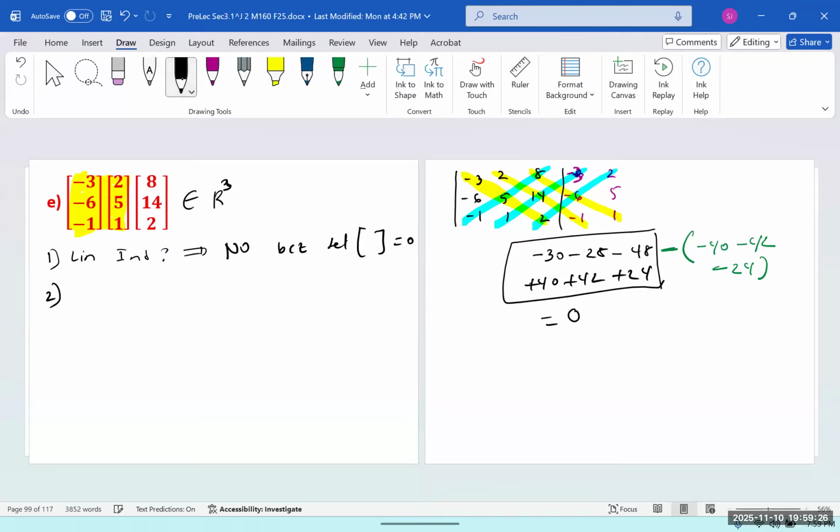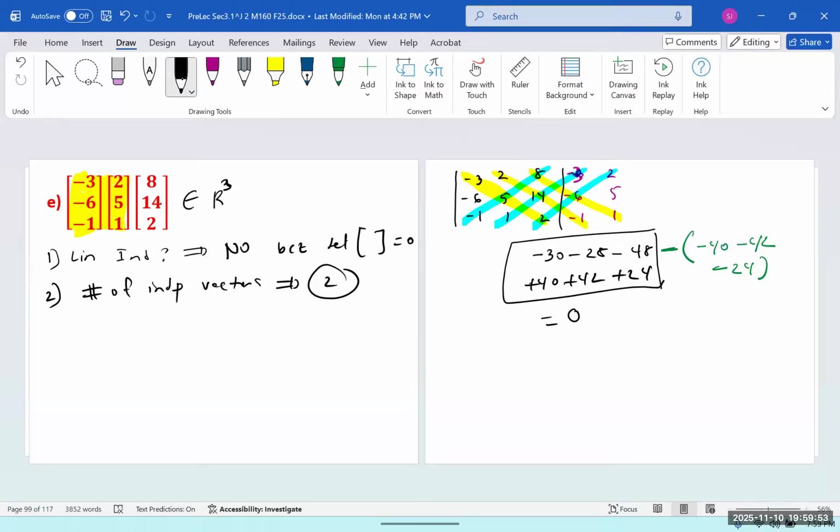So the number of independent vectors is 2. Which one is it? Any two. If you have two vectors, just look at the multiples. Can you multiply one vector by something and it will become the second vector?